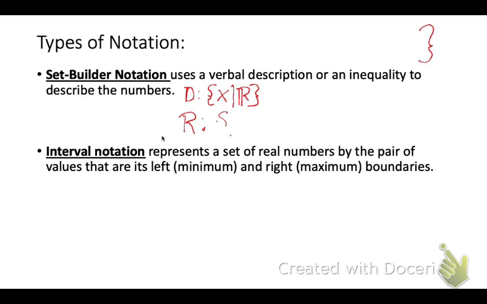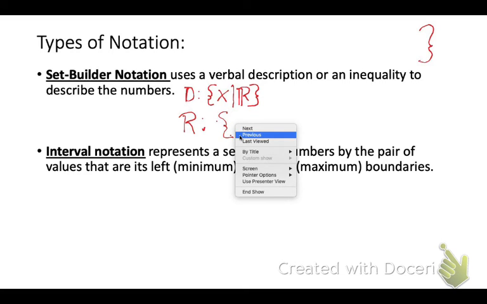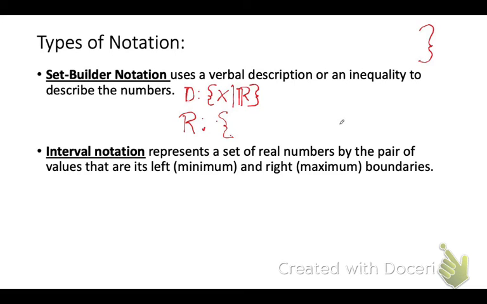Curly bracket, y, such that y is greater than or equal to negative 3.